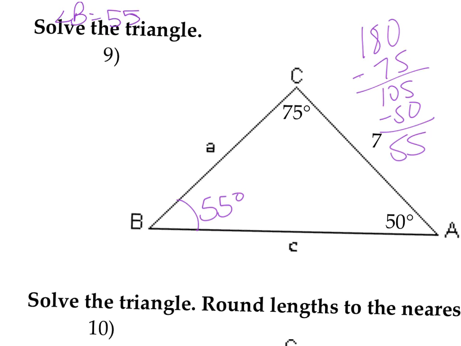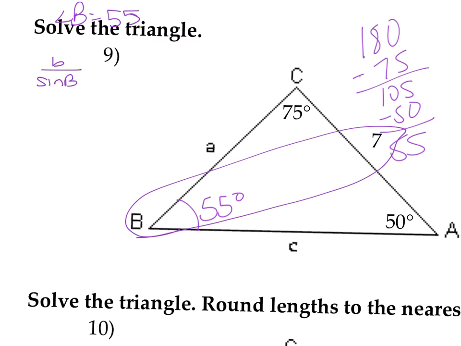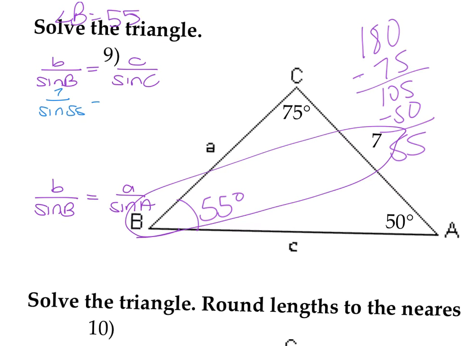Okay, so with law of sines, I want to use one complete ratio, which we've got for B. So I can use b over the sine of B would equal c over the sine of C, and b over the sine of B is going to equal a over the sine of A. So take and plug in what you've got. b, which is 7, over the sine of B, which is 55, would equal c, which we're missing, over the sine of 75.